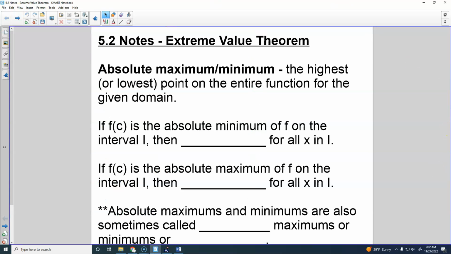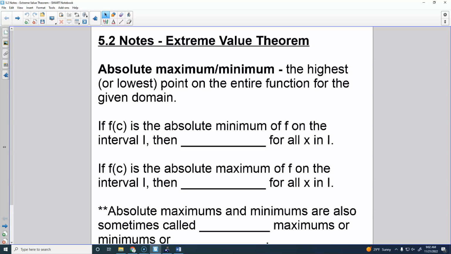So, extreme value theorem, it has to do with finding absolute maximum and minimum points. An absolute maximum or minimum point would be your highest or lowest point on the entire function for the given domain. So, absolute maximum and minimums are going to be your very highest or your very lowest point.